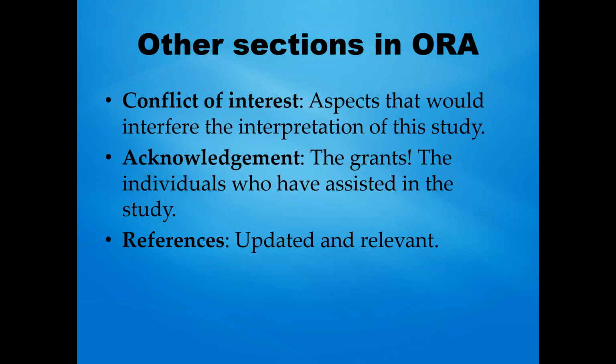There are other sections in the original research article that one should pay attention to in critical appraisal. So, conflict of interest: an aspect that will interfere in the interpretation of the study.